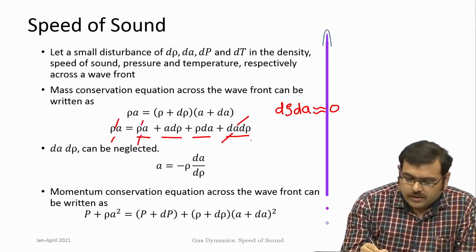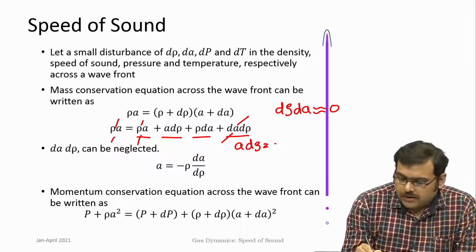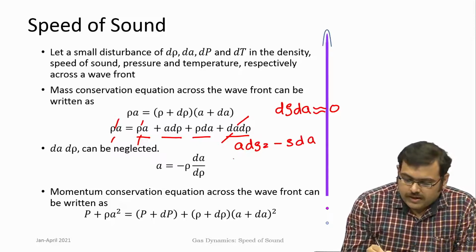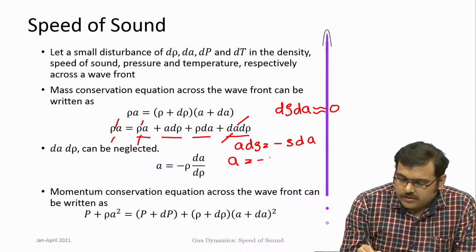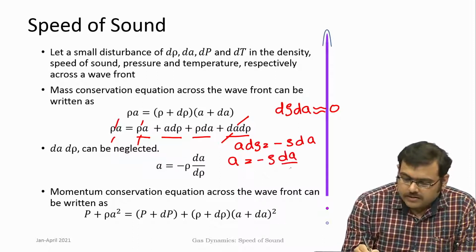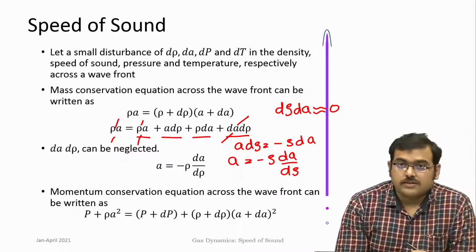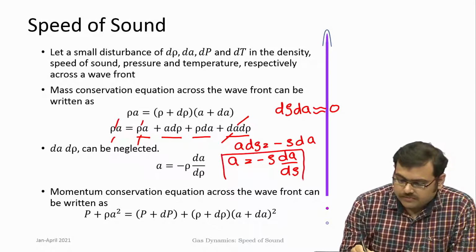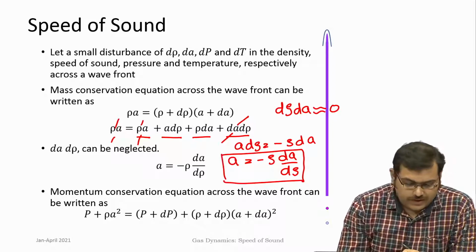So you get the equation a d rho is equal to minus rho dA, or a can be written as minus rho dA by d rho. So from the mass conservation equation we get this particular formulation. This will be useful ahead.